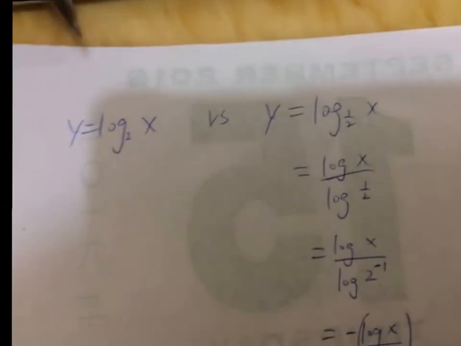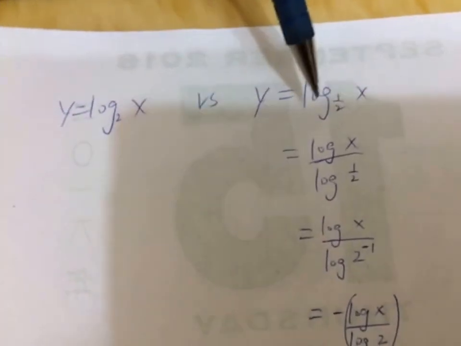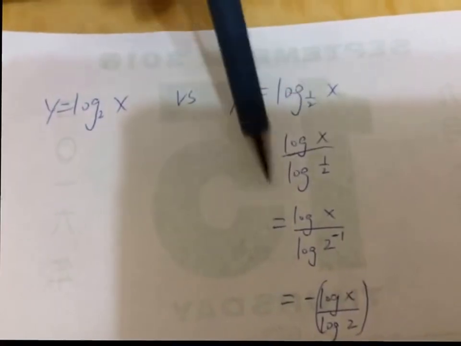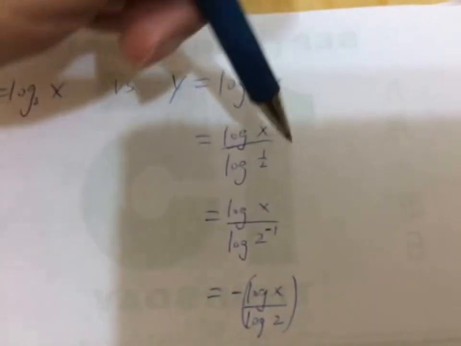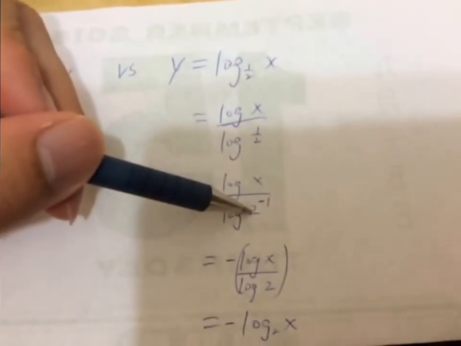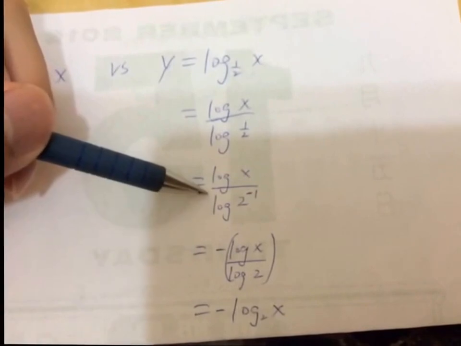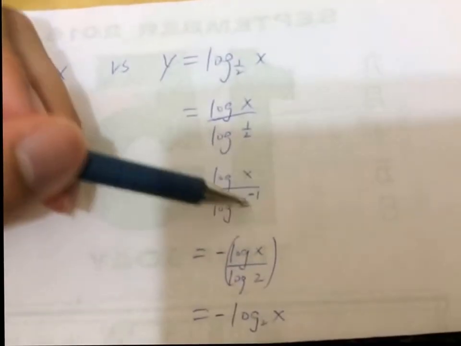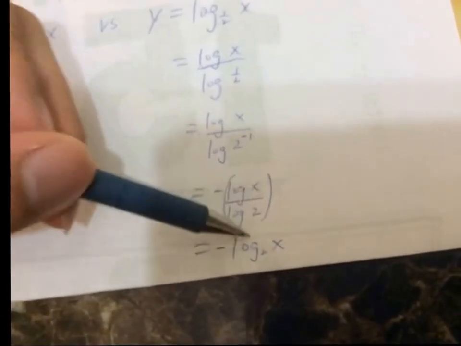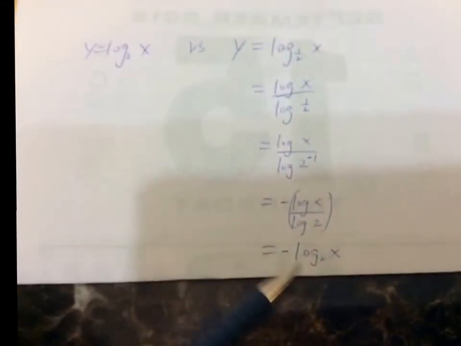Let's compare log x base 2 and log x with base 1/2. You can rewrite this one as log x over log half. And 1/2 you can express as 2 to the power -1, and move the negative 1 to here, and that means it's negative to the whole expression. And this one can be converted back to log x with base 2, and you compare this and this.